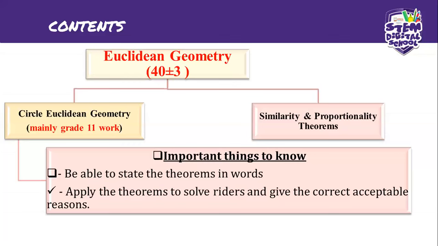Like I've said, you must have this examination guideline document. That's where you are going to get these acceptable reasons, because every time you solve something, you must have a reason. So it's very important to know all the reasons, right?